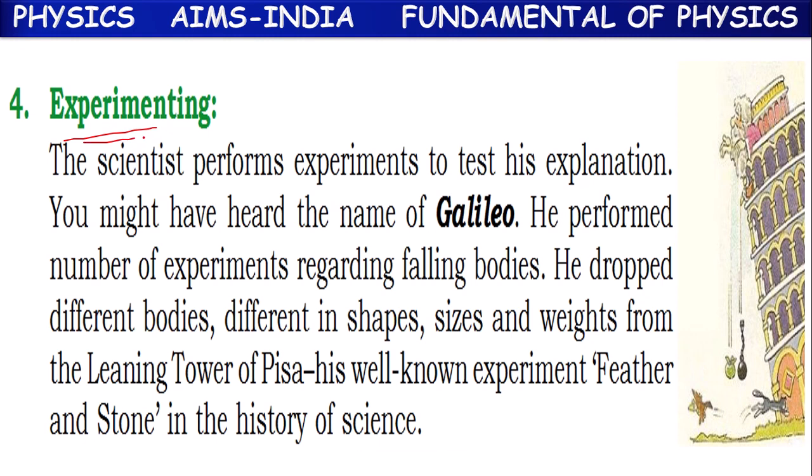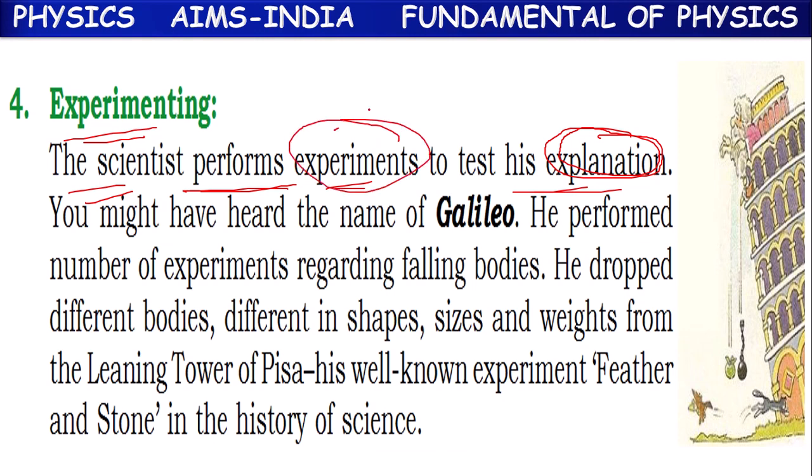Next one, experimenting. The scientist performs experiments to test his explanation. Before explaining about a problem, he will perform an experiment regarding the same, so that he can confirm himself that his explanation is correct.